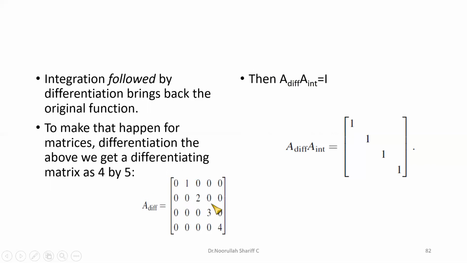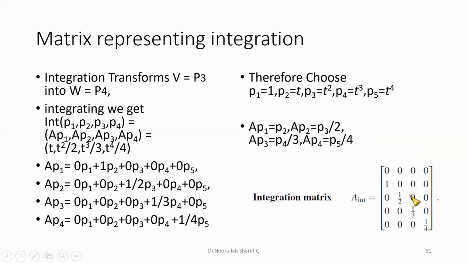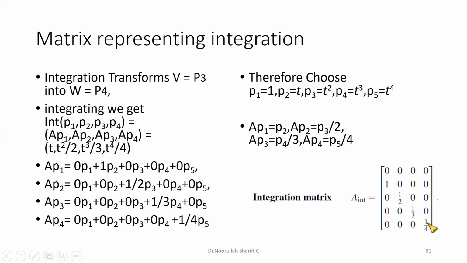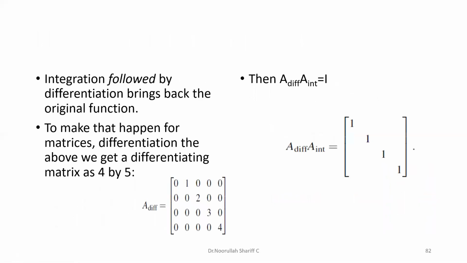So this multiplied by the value over here will be equal to I. This is a 4 by 5 matrix, and this is a 5 by 4 matrix. So 4 by 5 into 5 by 4 will give us a 4 by 4 matrix, which is in this case an identity matrix.